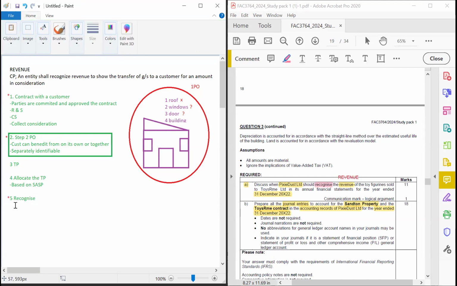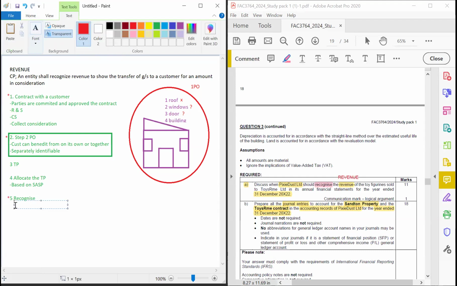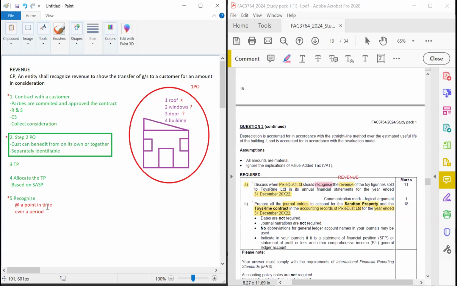So obviously, you can recognize revenue at a point in time or over a period of time. Normally a transaction can have two. If you buy a cell phone contract, you are getting the cell phone today. So the cell phone you are going to recognize at a point in time.